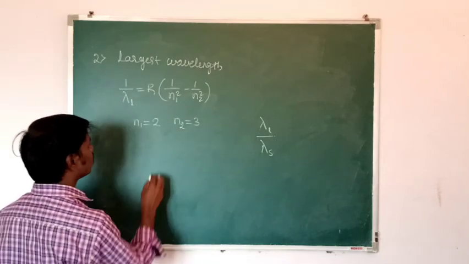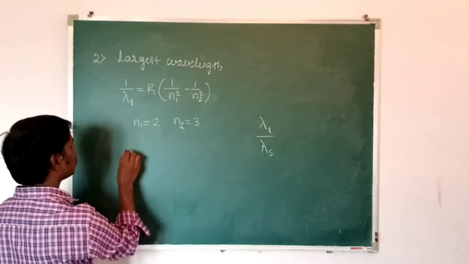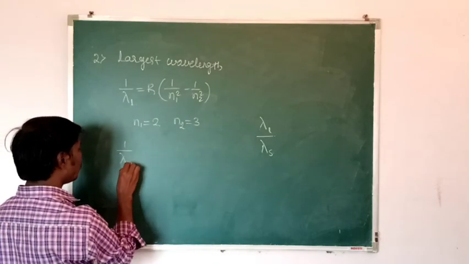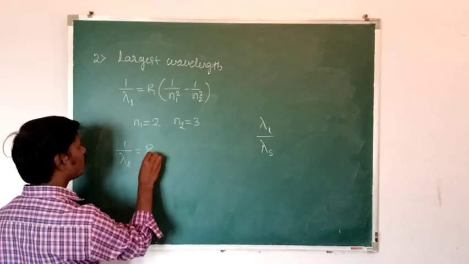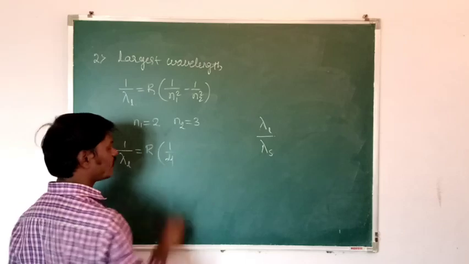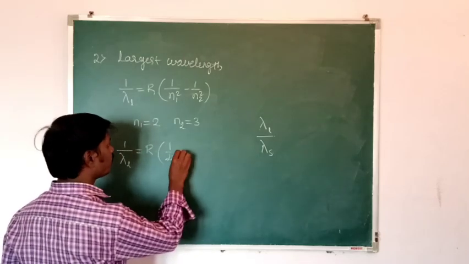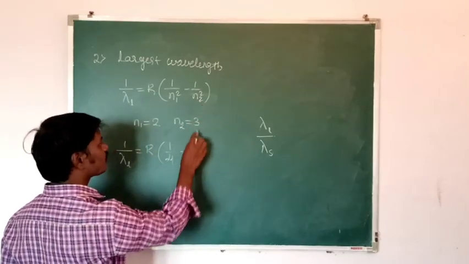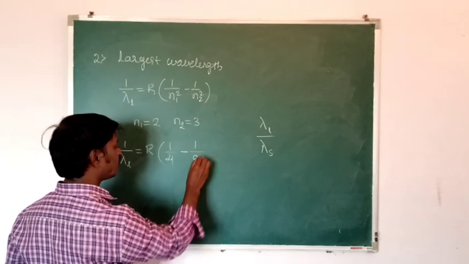Then I will put these two values in this equation. Then we will get 1 by lambda L is equal to R into 1 by N1 square, N1 square means 2 square, that is 1 by 4, minus N2 square means 3 square, that is 1 by 9. What is LCM?